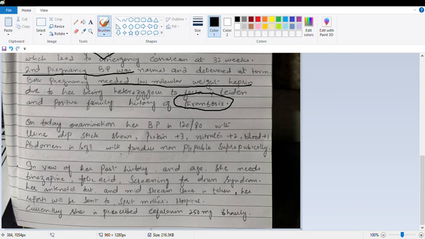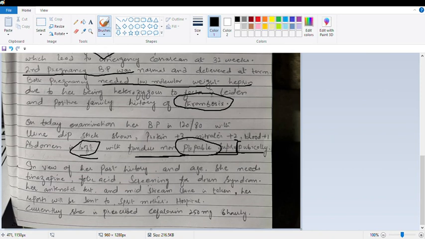With fundus non-palpable suprapubically. Please, these two are different words. Suprapubically. Okay, with fundus non-palpable. The spelling of palpable is not right, so please improve it.